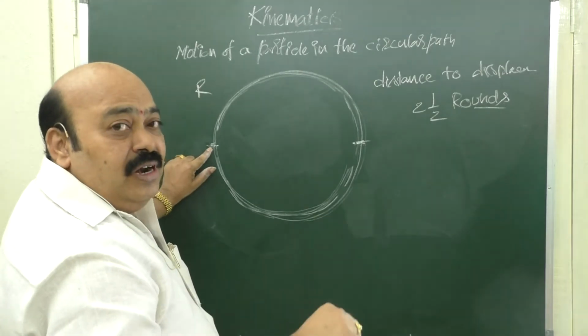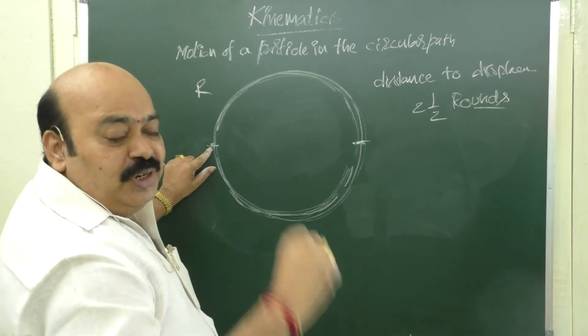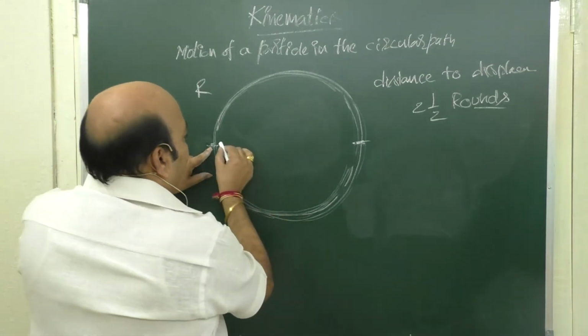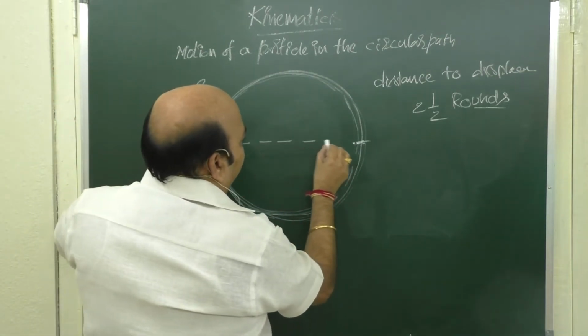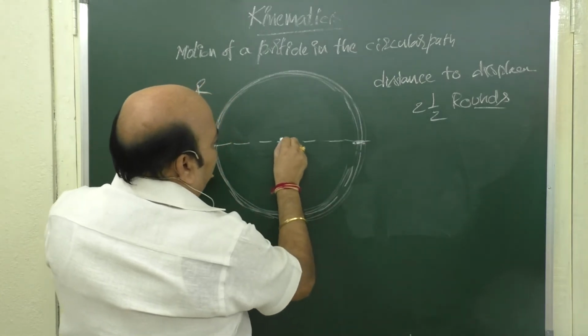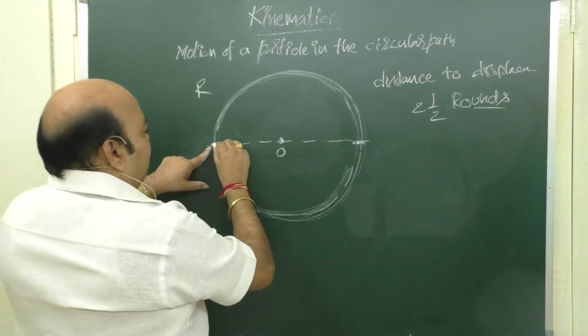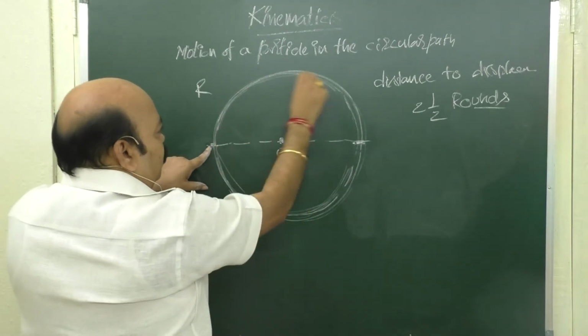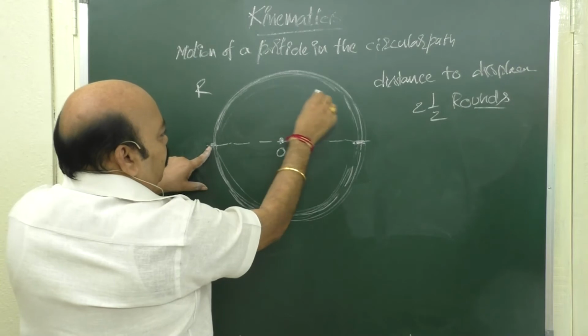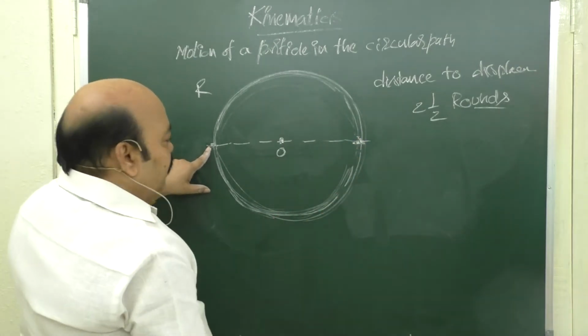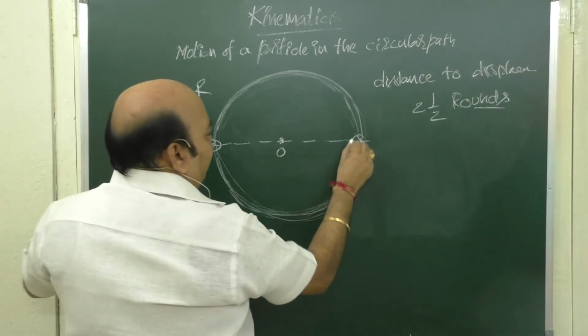Yes, it is called diametrically opposite. Diameter means this is the diameter, and this is the center of the circle. After 1 round here, after 2 rounds here only, after half round he will be here. So this is the initial point and this is the final point.